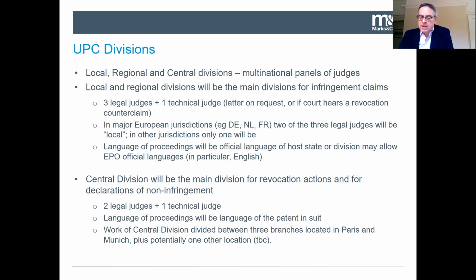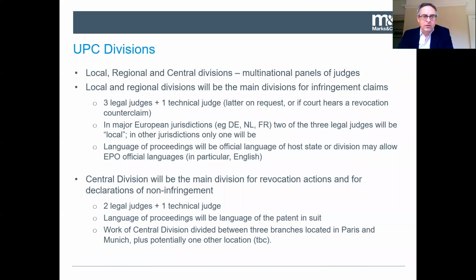The countries that are currently proposing to host local divisions, which I listed on the previous slide, have all so far said that they intend to have English as an official language. There's one exception, Slovenia, which only from last Tuesday this week has said that it intends to have a local division. I don't know myself for sure whether it plans to also approve English. I suspect it will. So we can expect to have lots of English in the local divisions.